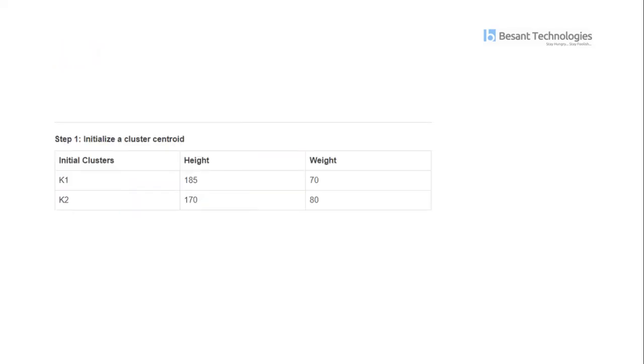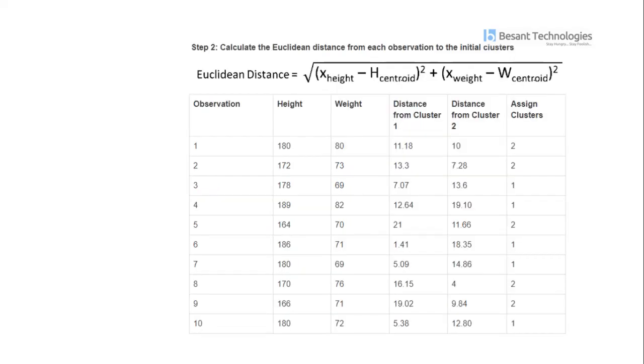The first step is to initialize our cluster centroids. I make k1 and k2 based on random values. After I initialize k1 and k2, I calculate the Euclidean distance from each observation.